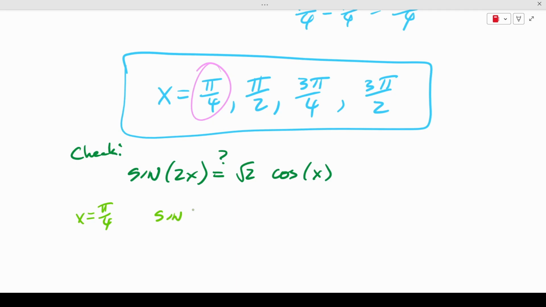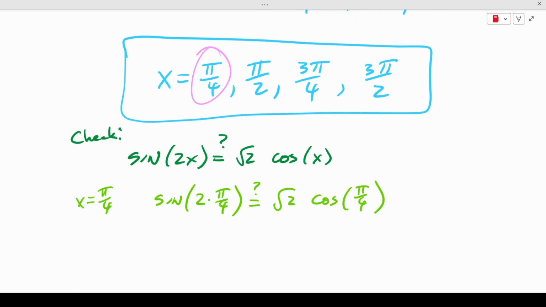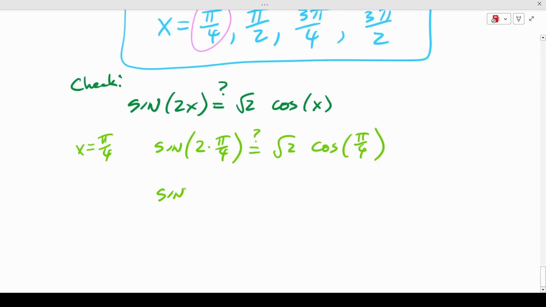So I have sine of 2 times pi over 4 equals root 2 times cosine of pi over 4. This is saying sine of pi over 2 equals root 2 times, well, cosine of pi over 4, I can actually do that now. That's going to be 1 over root 2, or root 2 over 2, right?